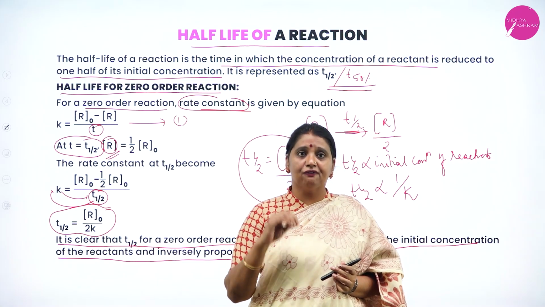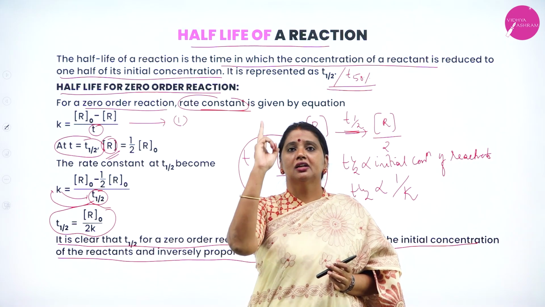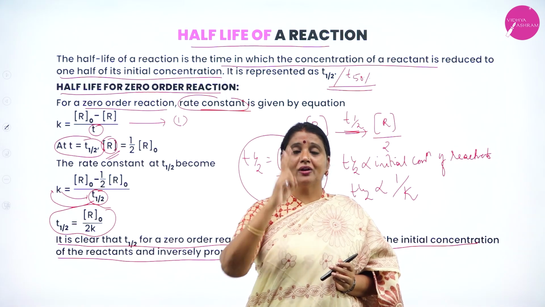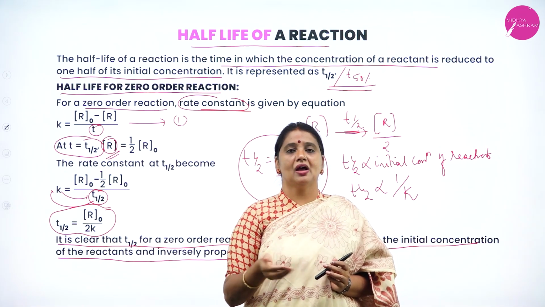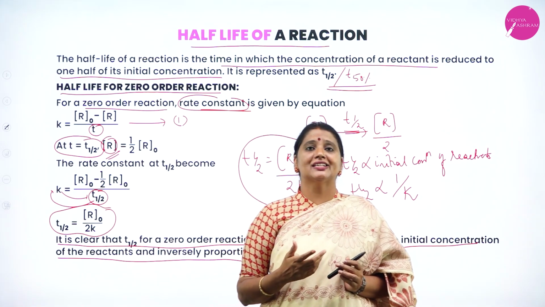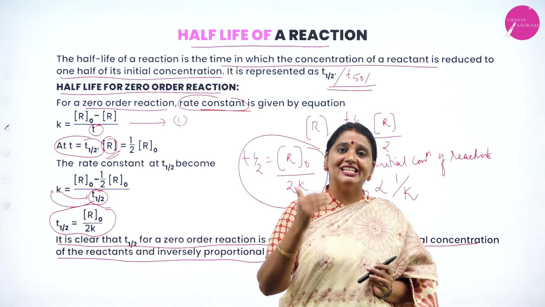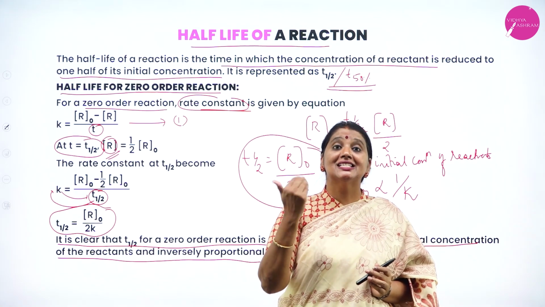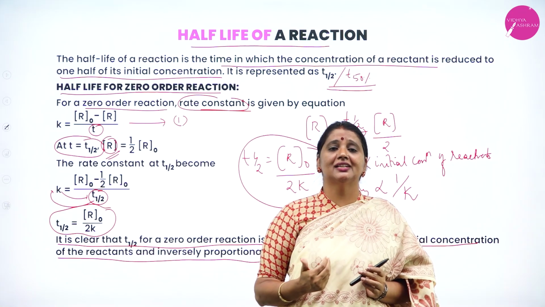Therefore, the half-life period of a zero order reaction depends upon two factors. What are the two factors on which the half-life period of a zero order reaction depends? First one, initial concentration of the reactant. Second one, velocity constant.